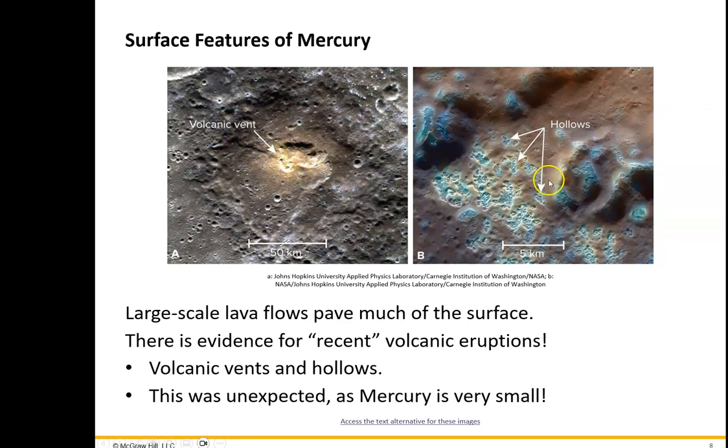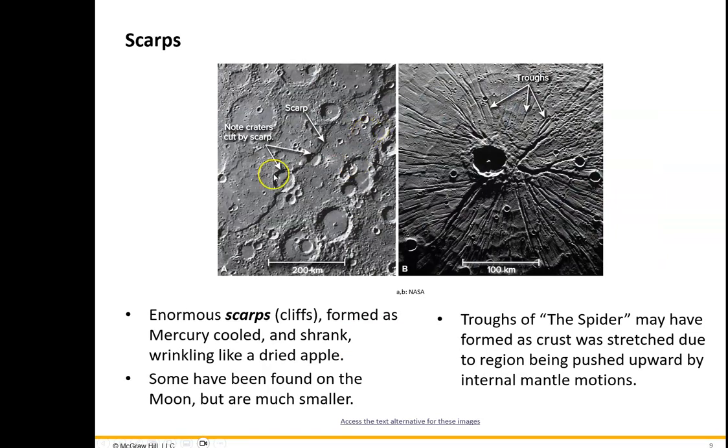There are other areas where the lava has broken through, and they say, in quotes, recent times, within the last billion years or so. That's if you consider that recent times.